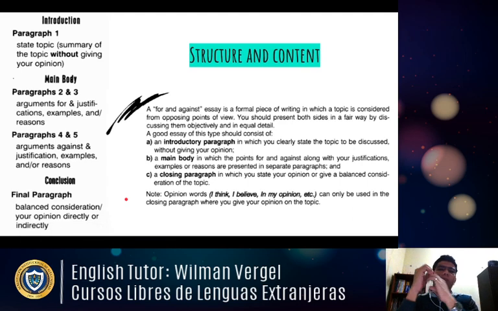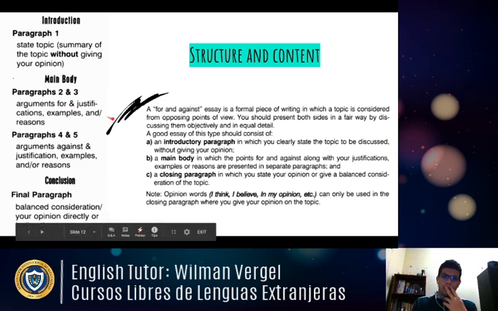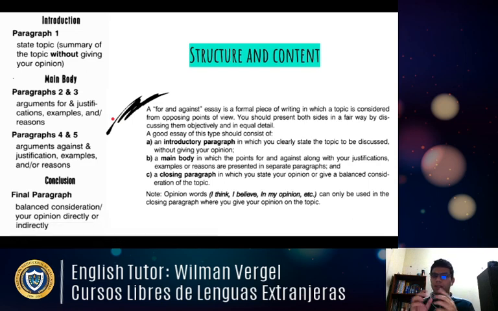We have an introduction, which is paragraph 1, where we state the topic, a summary of the topic without giving your opinion. Then we have the main body. It can be 2, 3, 4, or 5 paragraphs, but in this case I want you to write only 2 paragraphs for the main body.